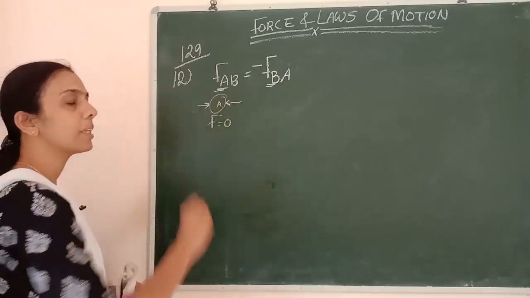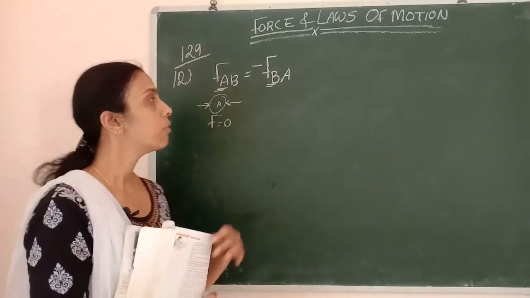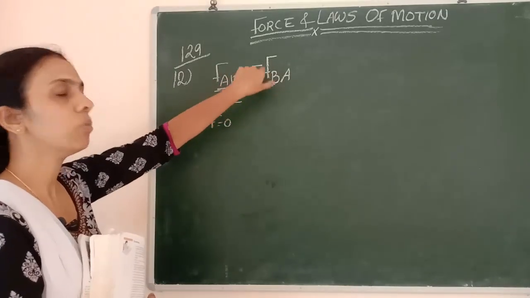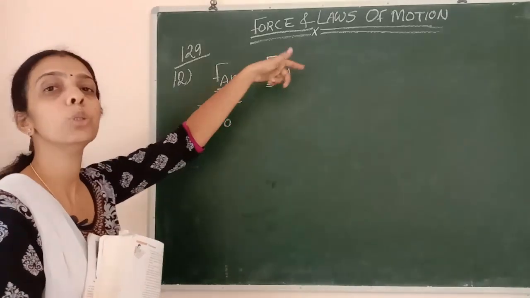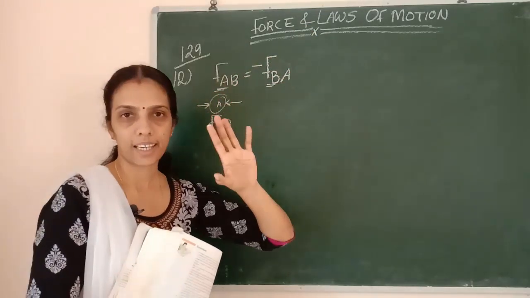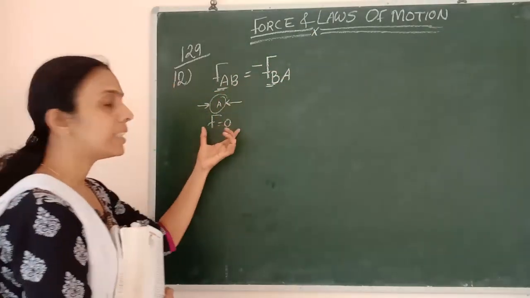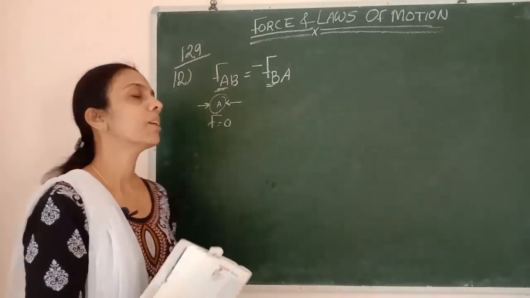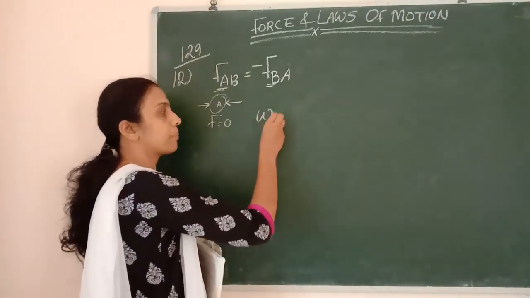But here, as per Newton's third law, the force acting on A due to B is equal to the force acting on B due to A in the opposite direction, isn't it? So the forces do not cancel each other, and the student's statement is wrong.